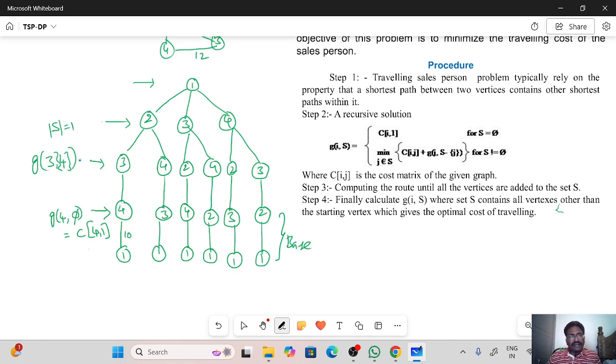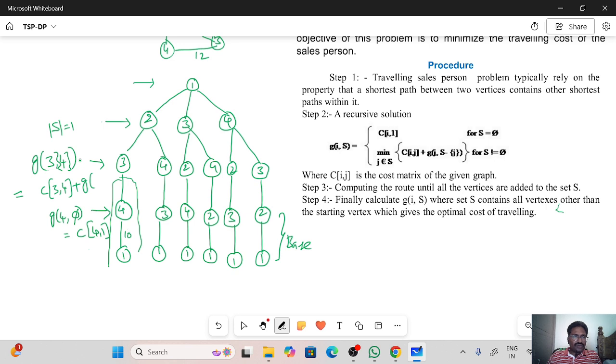How do I find the cost of G of 3 with this set? Simply the edge cost of 3 to the first vertex of this set, and this set has only 1 vertex, which is 4. So this is nothing but the cost of 3 to 4 plus the G of 4.